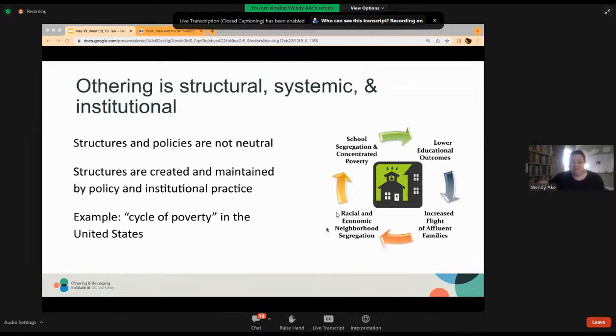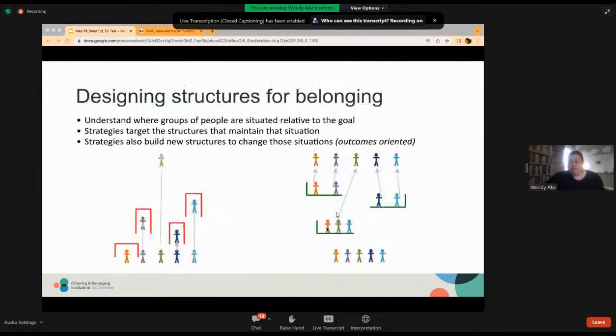They're maintaining systems of othering. They're creating it. They're deepening it. It's not that they just exist in the background and we need to change them. They are very active and they are expressed through policy and institutional practice, which means we can change them by changing policy.